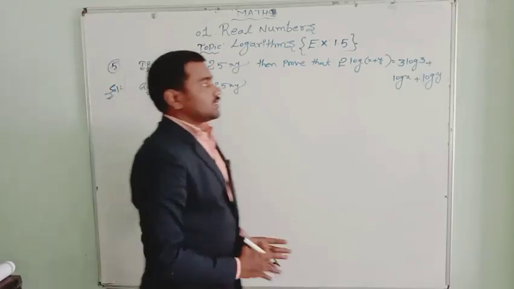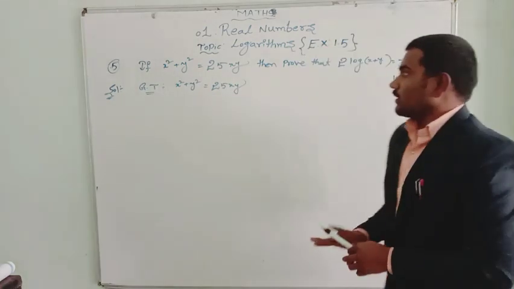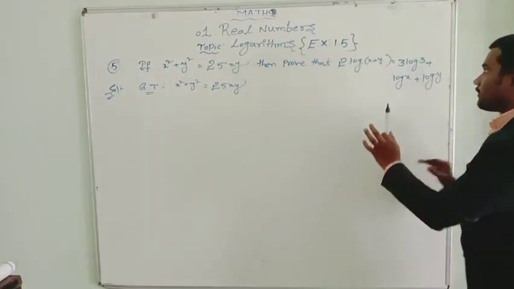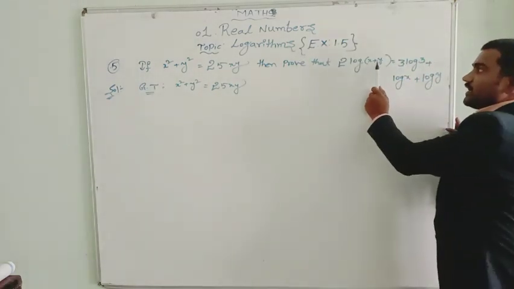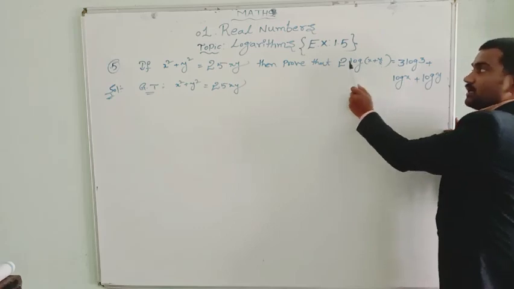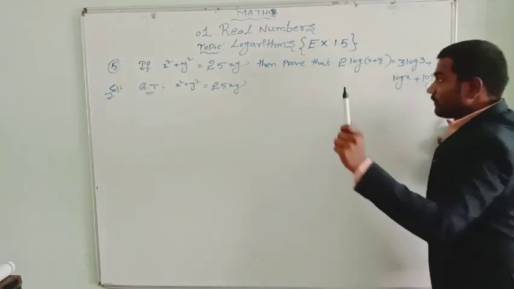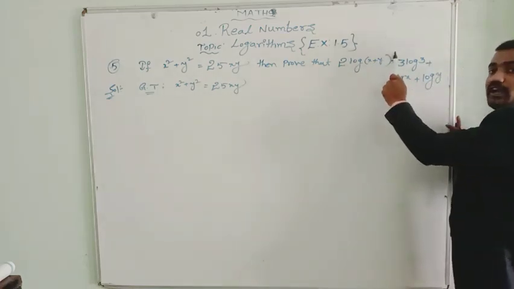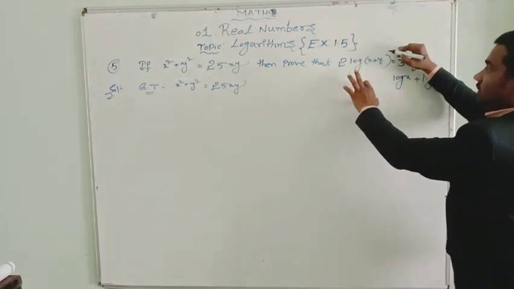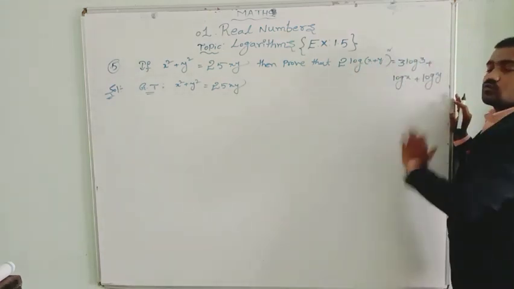In the proof, always remember, here it is x plus y. Here 2 is multiplied to log. When you bring this 2 to this side using the power formula, this 2 will come in the exponent place. That means x plus y whole square.